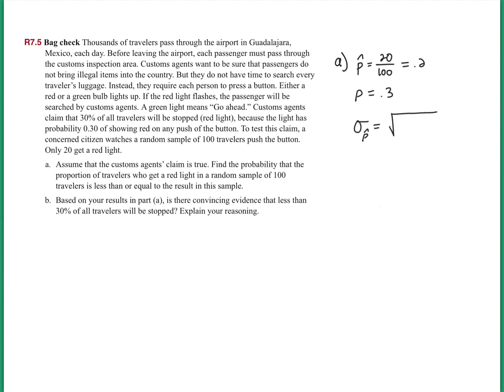This will be the square root, and we'll use the claimed proportion, 0.3, and 1 minus p. So this is the square root of p times 1 minus p over n, and that ends up being 0.0458.